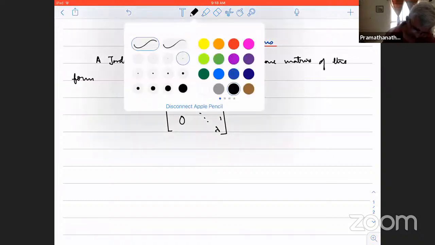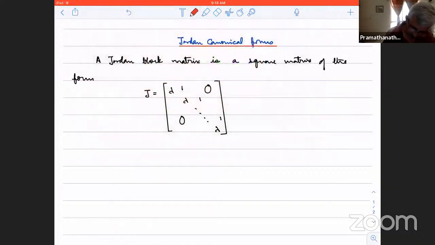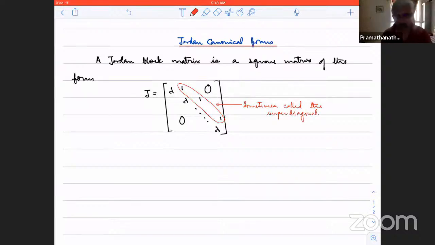It is sometimes called the super diagonal. And the line below it is often called the subdiagonal.